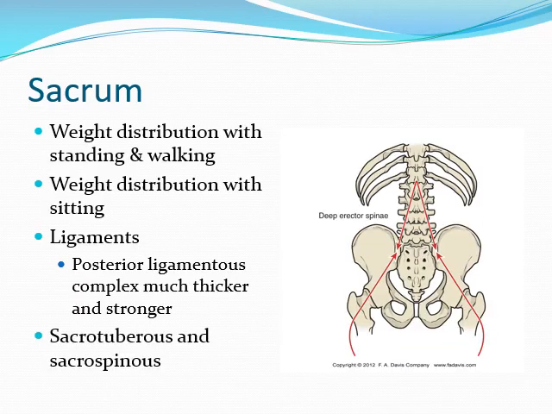Another thing when we look at the sacrum is weight distribution with standing and walking, and again, this goes to the point of why this has to be such a stable area. When you're standing and walking, the force goes through the fifth lumbar vertebrae, through the pelvis, the hips, and the femur.